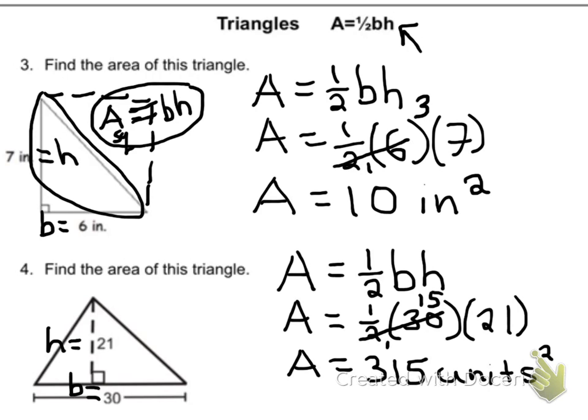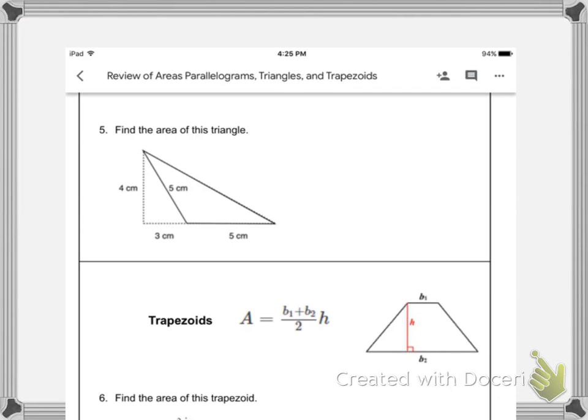Okay, let's move on to the next triangle. This triangle looks very different, but we can still use area equals 1/2 base times height to get our area. There's a lot of numbers here.